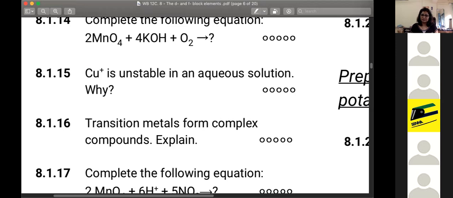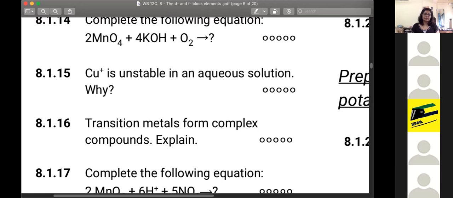Aryan is asking, will it be K2MnO4? I think it'll be KMnO4, potassium permanganate plus potassium, disproportionation.